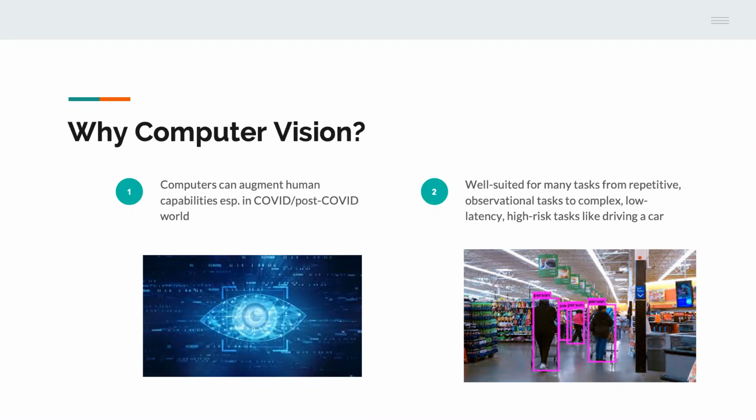But then there are some really, very challenging, complex, low latency tasks, as in, if you don't make the decisions fast enough based upon what you observe, like driving a car, the risks are pretty high. So that would probably be, or I could argue, one of the gold standards of computer vision, wherein, when we delegate the responsibility for driving the car to the computer, we are kind of putting our life in the hands and putting faith in the technology.